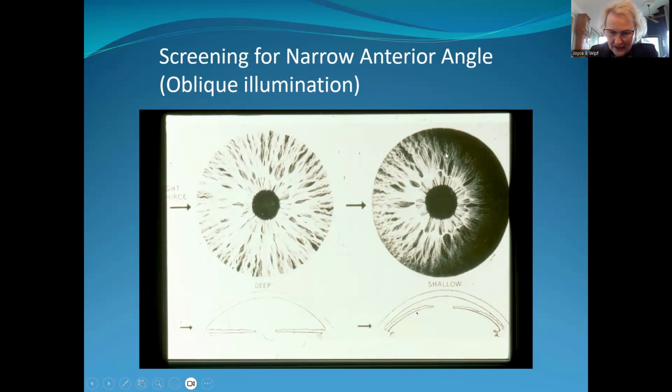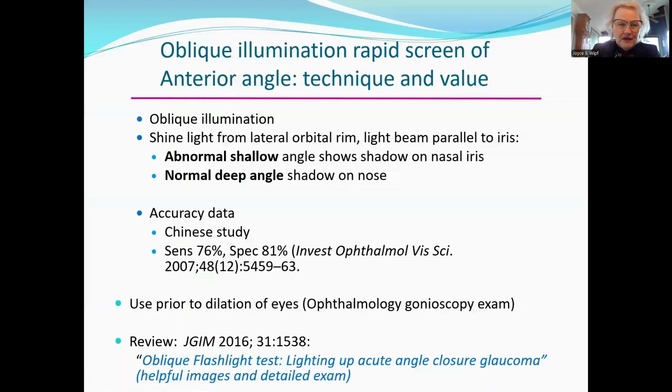If shining again from the lateral side with a shallow angle, the shadow is going to be on the nasal part of the iris. So we're shining this light parallel to the iris, and just restating, the abnormal shallow angle shows a shadow on the nasal iris. With a normal deep angle, the shadow is going to be on the nose.